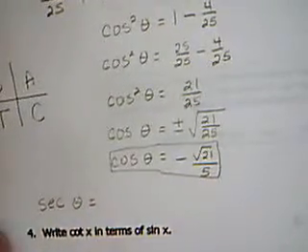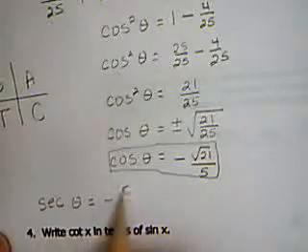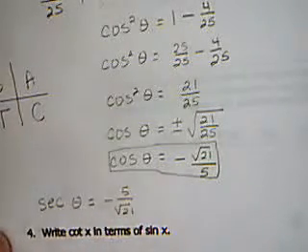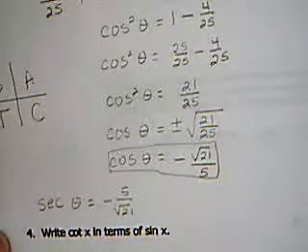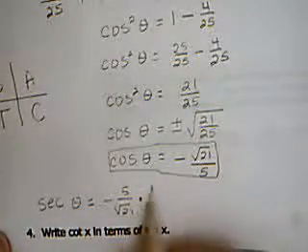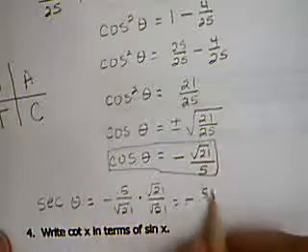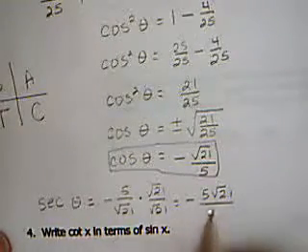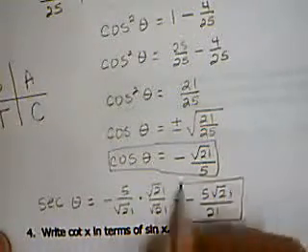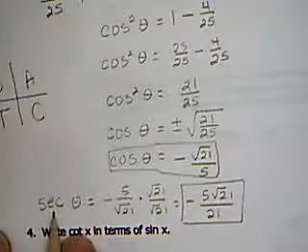So we could say that the secant of theta would be -5 over the square root of 21. And we never want to leave that radical in the denominator, so I'm going to rationalize. So that would give us -5 square root of 21 over 21. So that would be secant of theta.